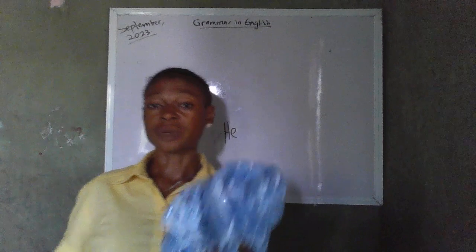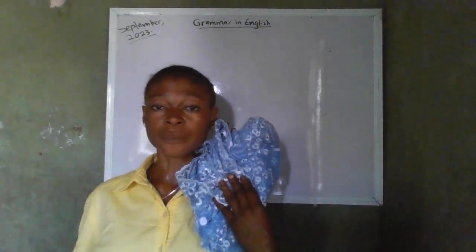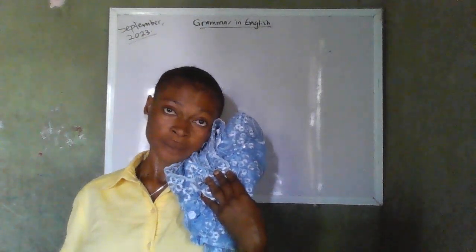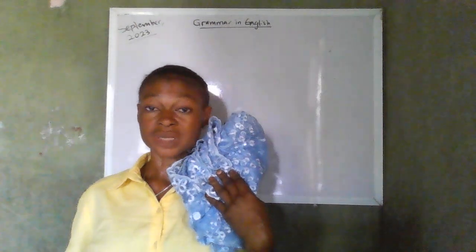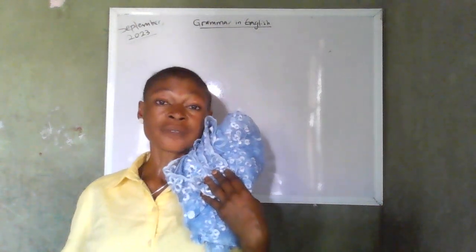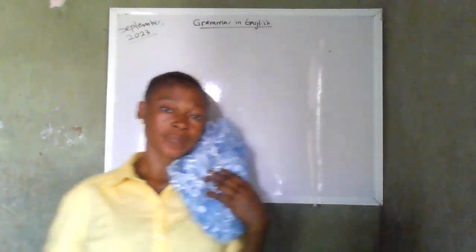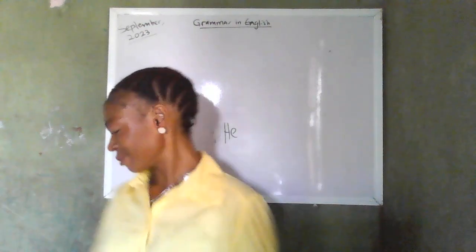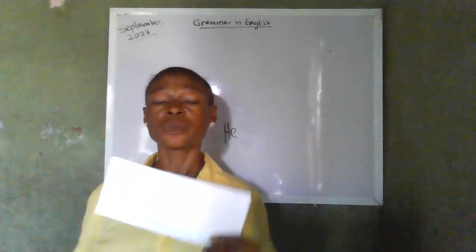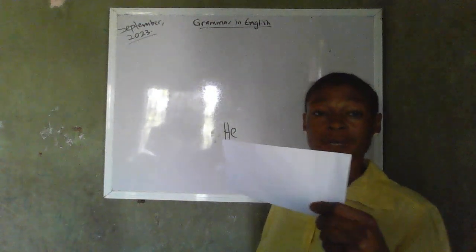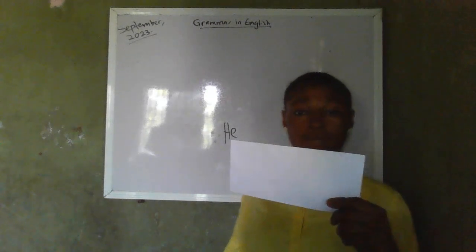Now, I also showed you a piece of cloth earlier on. Yeah, the color, it's a light shade of blue. So I have a blue piece of cloth. I also showed you an envelope, and the color is white.